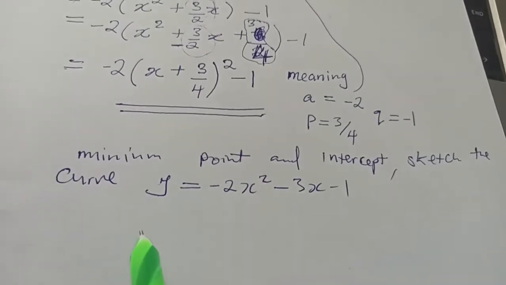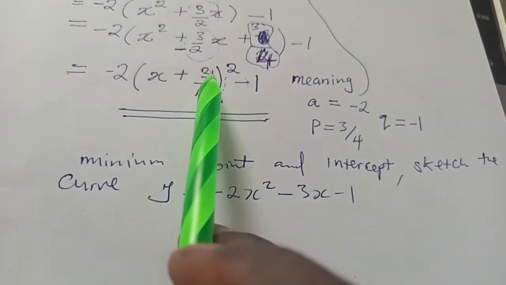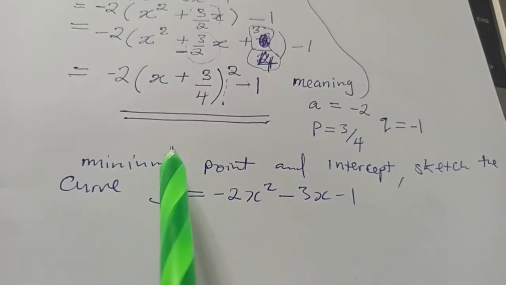So we know that from this equation we can pick where is the minimum point.